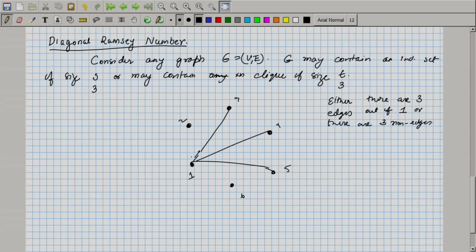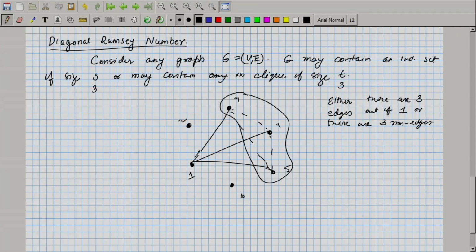Okay. So, let us say these 3 edges were present. Now, let us look at these dotted pairs of vertices, they are not edges, let us consider those pairs. If even one of them is present, you automatically have a clique of size 3. So, in order to avoid a clique of size 3, all those 3 have to be not present, in which case they form an independent set.